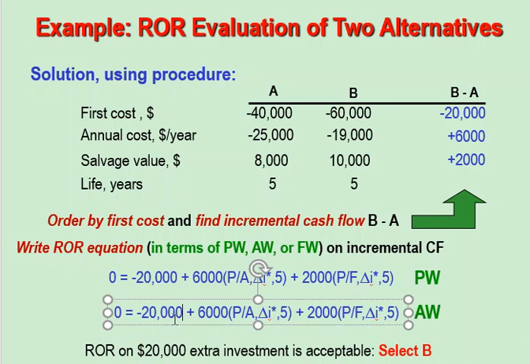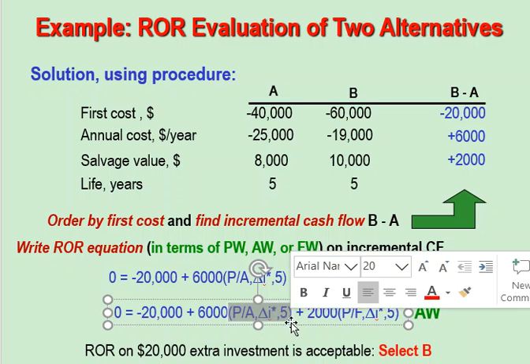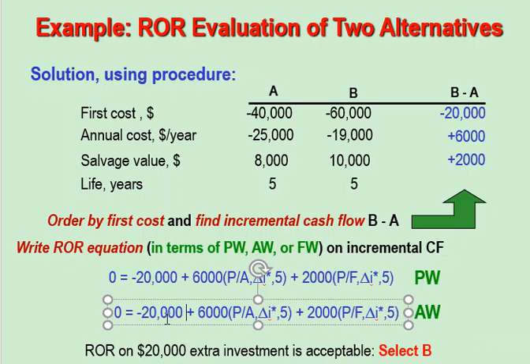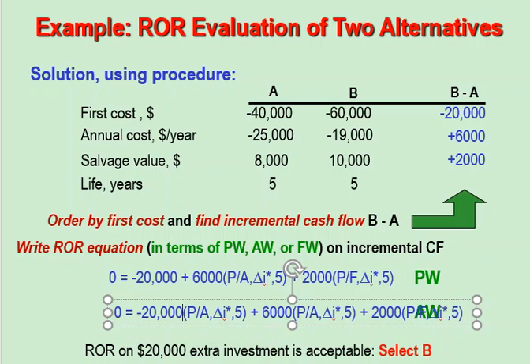Here we have 20,000. It is a present amount, and I need everything converted to one domain. So we have to convert the present worth into annual worth.